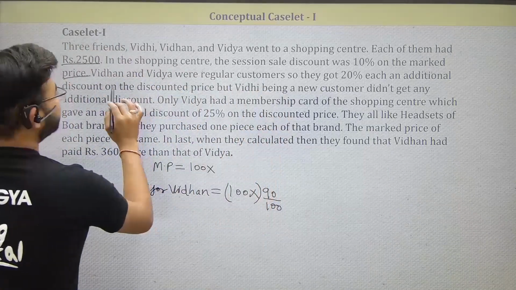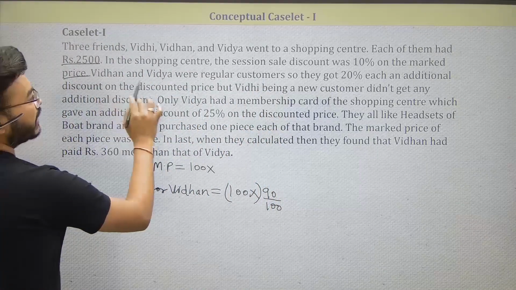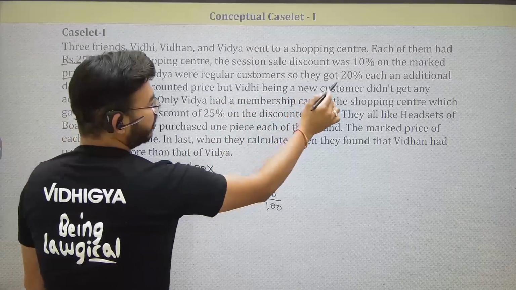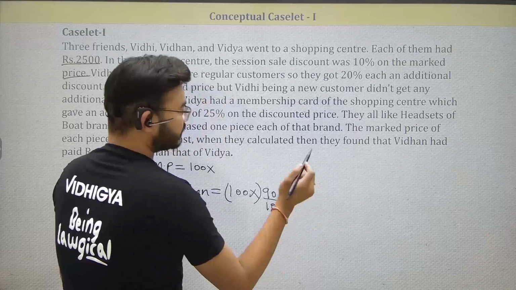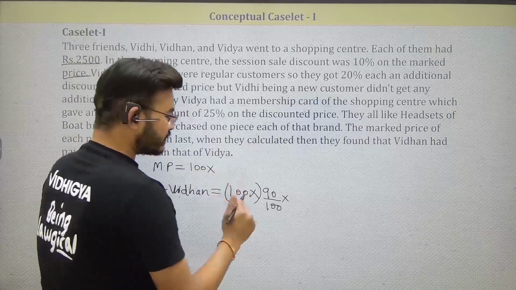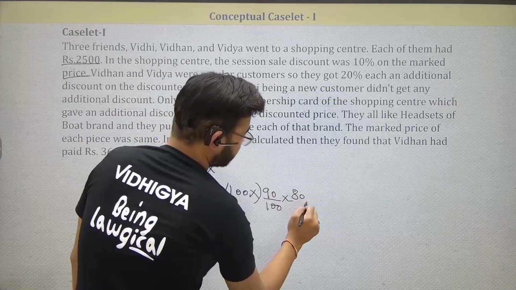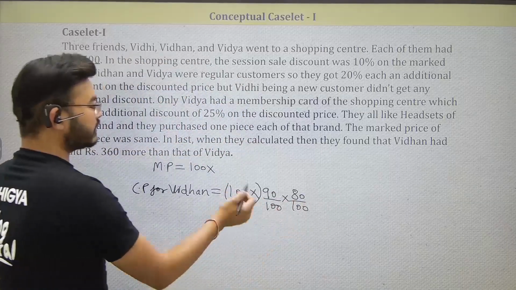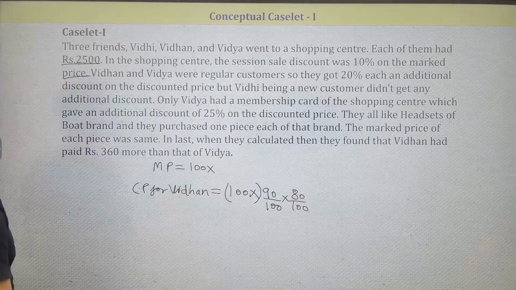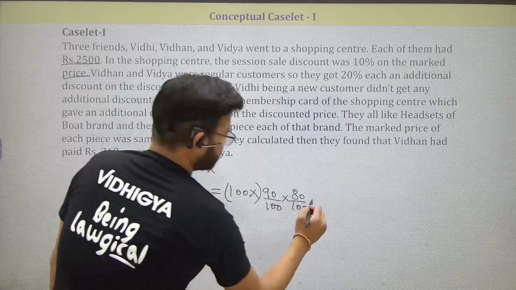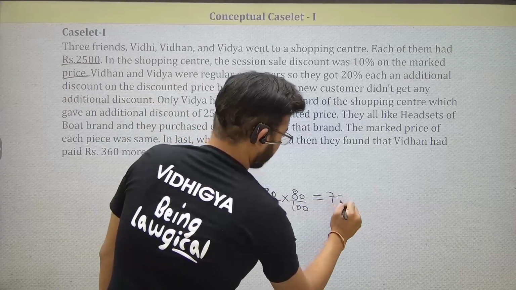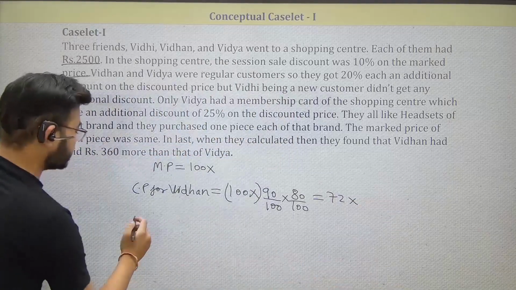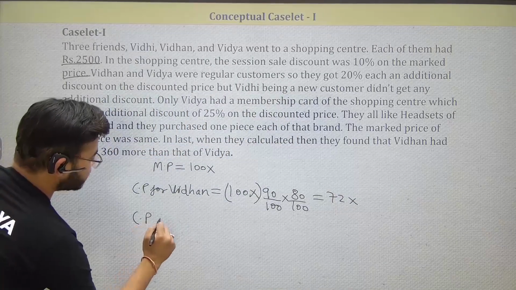And after that, Vidhan was a regular customer, so he got an additional 20% discount. If 20% is the discount, then the selling price will be 80%. So 80 by 100 into this value. This will come out to be 72x.